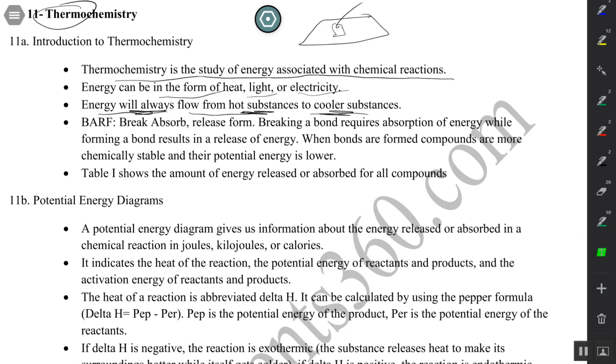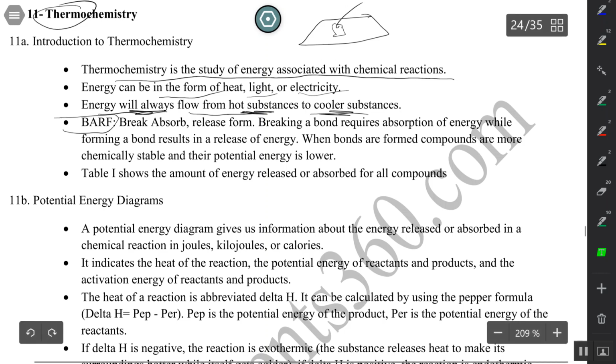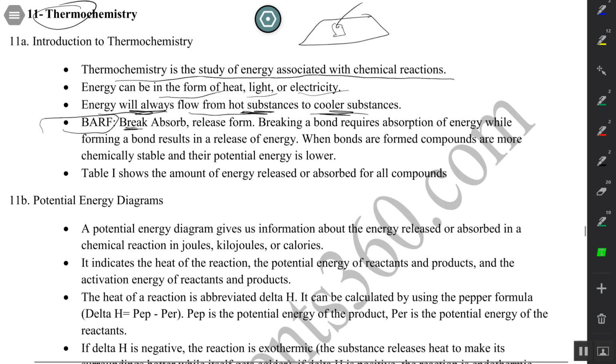It's very important that we recognize this acronym, BARF. BARF stands for: if you break a bond or you go through decomposition, you'll absorb heat, or you need heat to break bonds. Take, for example, Al2O3.